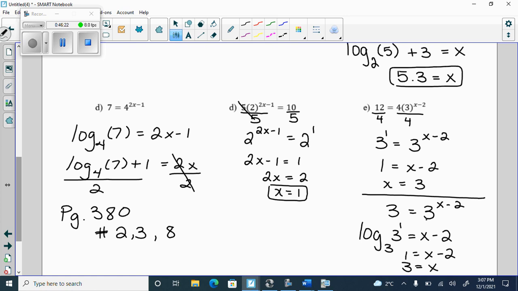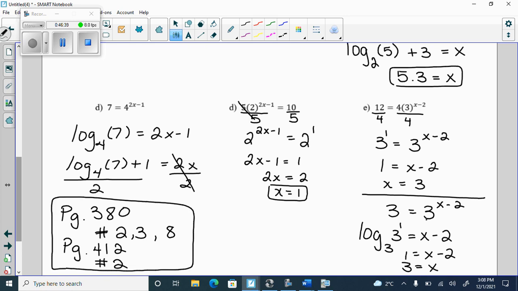And then page 412, number 2. This is the solving exponentials by converting to a log. That's number 2.